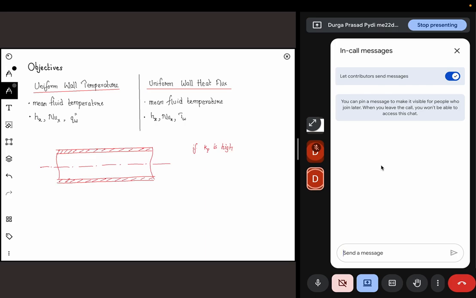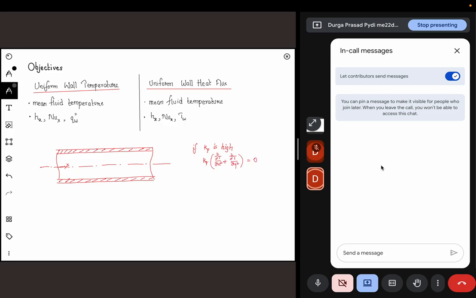If the thermal conductivity of that material is very high, then the temperature gradient along this direction will be very small. For the same amount of heat flux, the temperature gradient will be very small. So if I consider this as my x direction, then k_p times, if you consider the thermal conduction equation, del square T by del x square, under steady state, plus del square T by del y square, equal to 0.